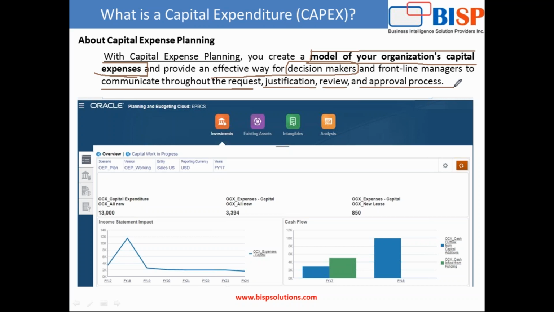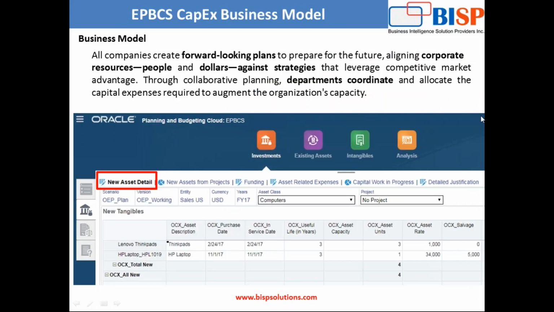It is not working as expected, so you need to buy a new asset. In order to buy a new asset, maybe you need to take approval from the finance department, and different levels of approval may be required. And you need to justify that you need this machinery to continue running your business operation.